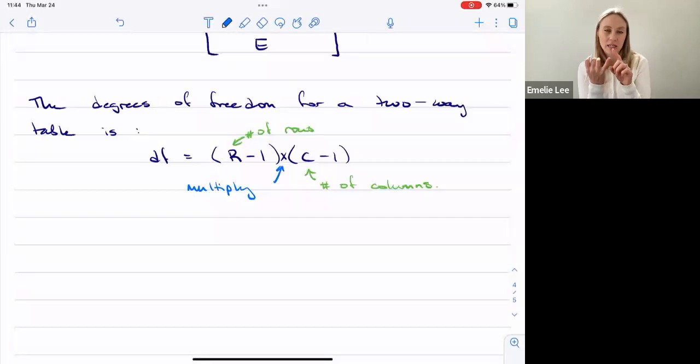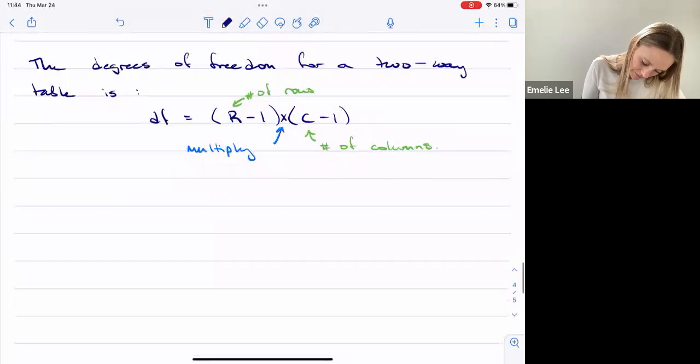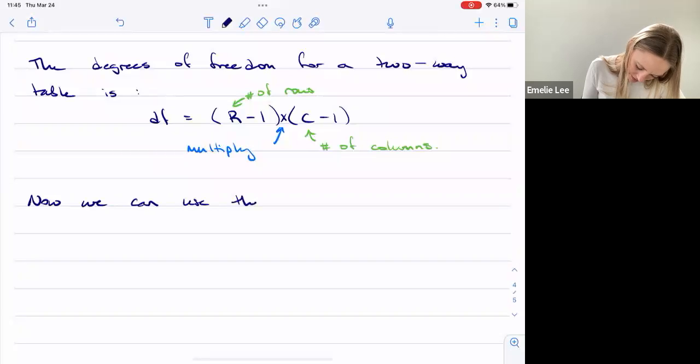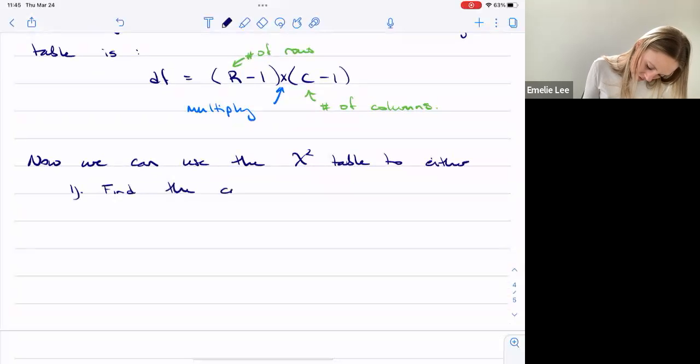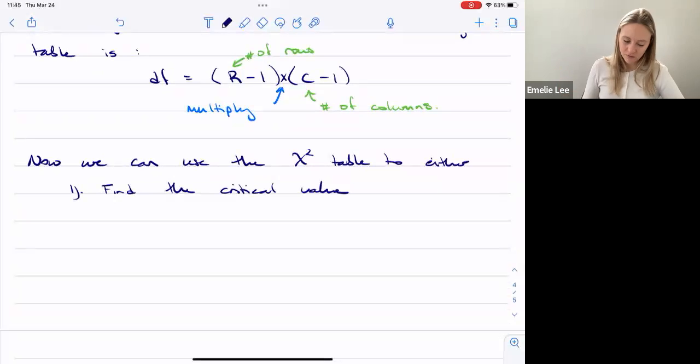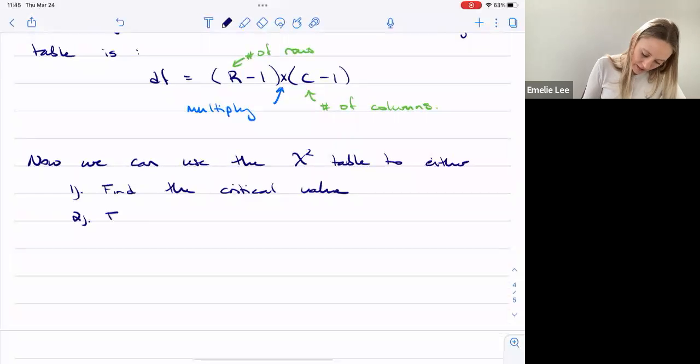I can use the table, the chi-squared table, to either find the critical value or find a range for the p-value. So it behaves the exact same way that it did before, and that's really nice.